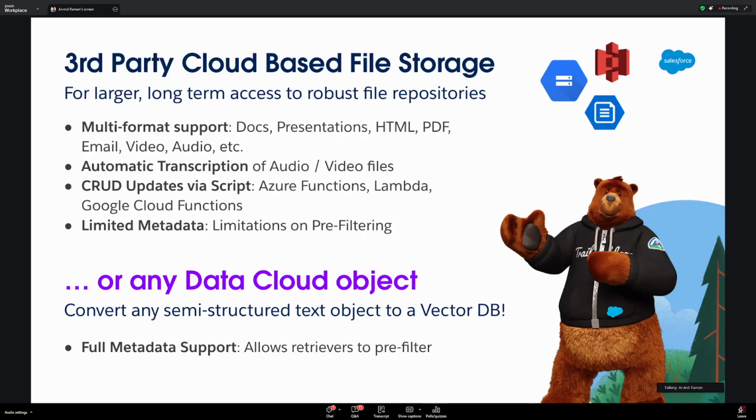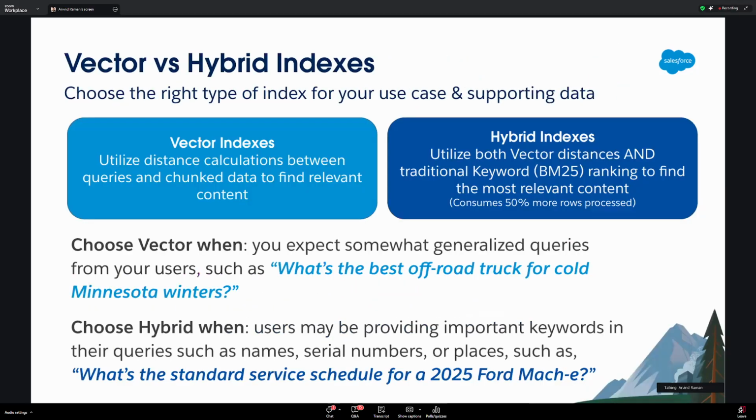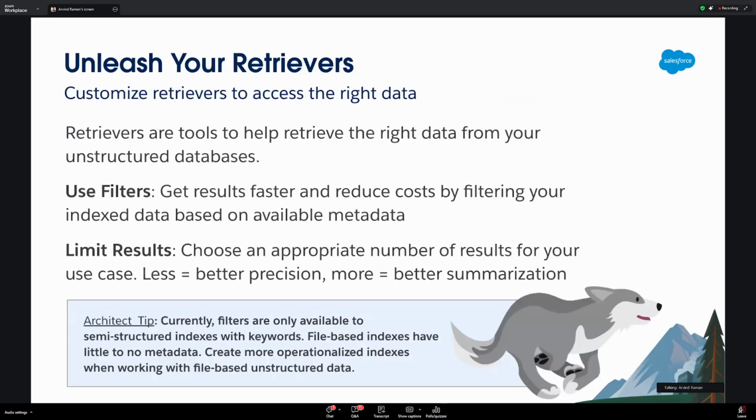And then you can also convert any semi-structured text object within Data Cloud and vectorize that as well. So again, there are different types of indexes you can create, from your vector indexes to hybrid indexes. Hybrid basically combines the best of vector and your keyword searches to give you better results.